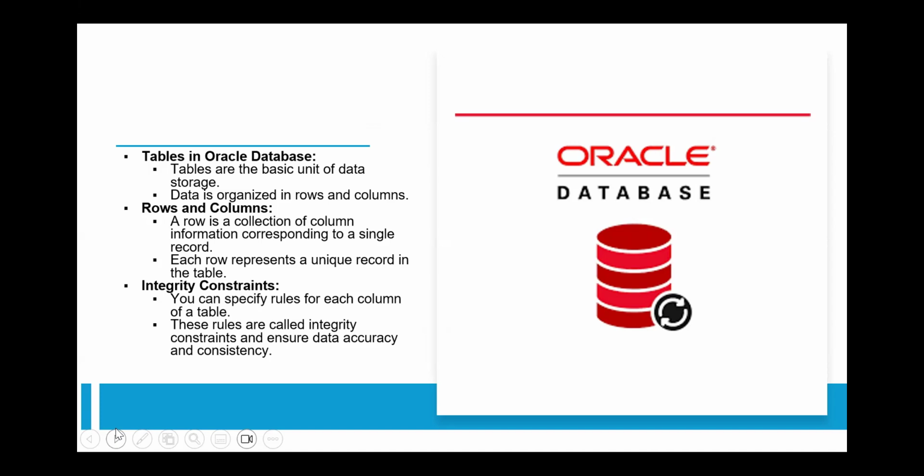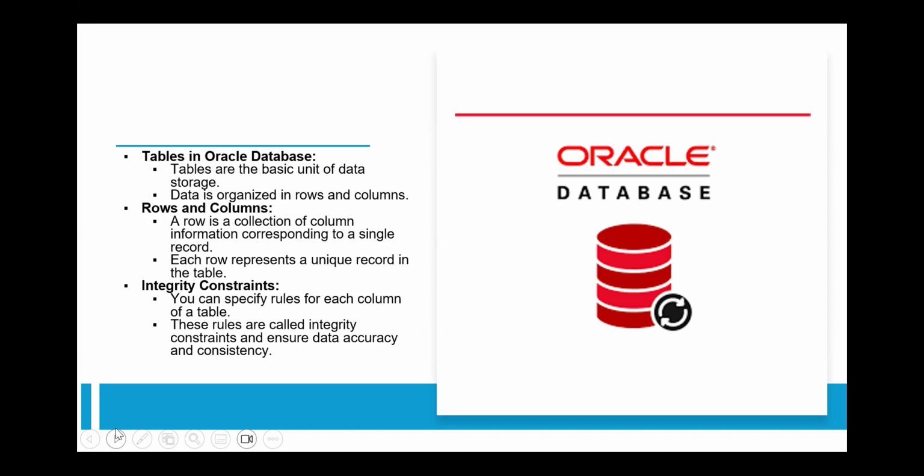Each row is a collection of columns for one entity. So transaction ID, customer ID, right? So, a student. So you have one row of data which gets added for that student into the college database, and the information corresponds to a single record. Each row represents a unique record in the table.